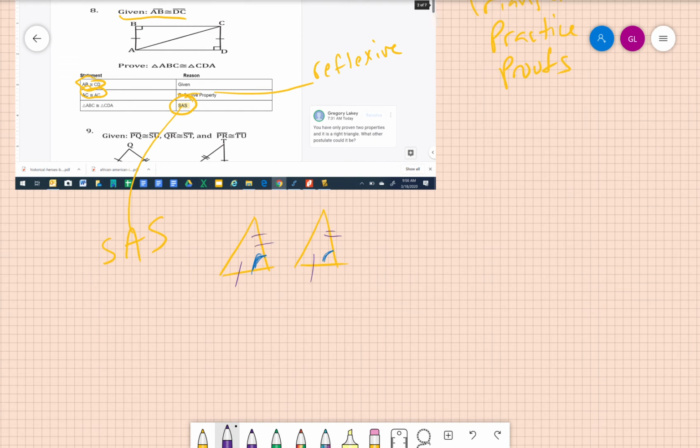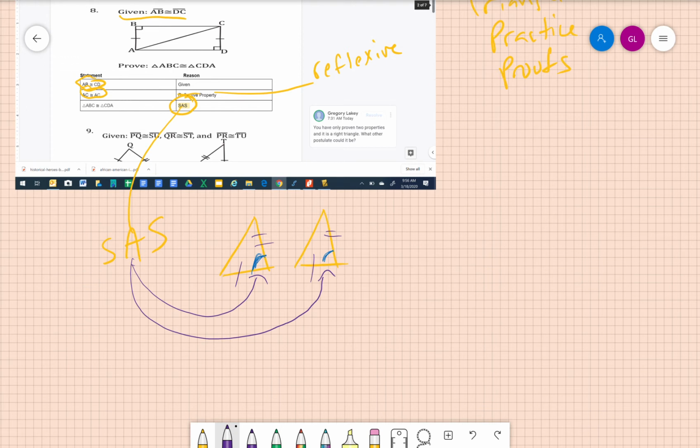This is side angle side because the angle is now included in between 2 sides. That's how that works. Now the postulate is followed in the order of which the letters are. So side angle side, meaning you have a side, an angle, and a side that are both congruent on either triangle in the same exact positions, right?